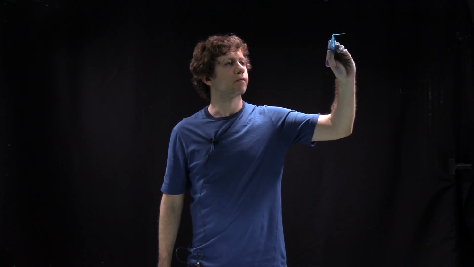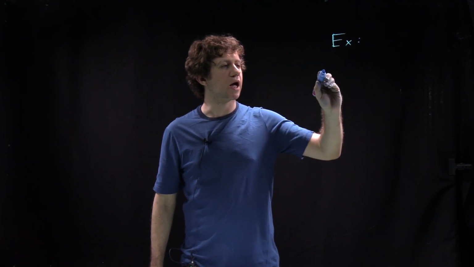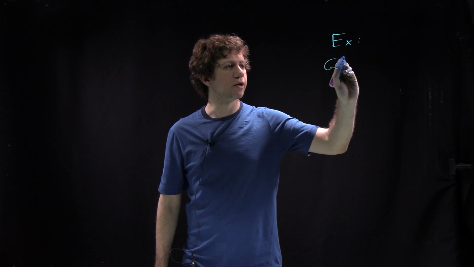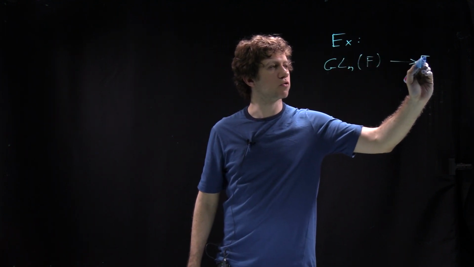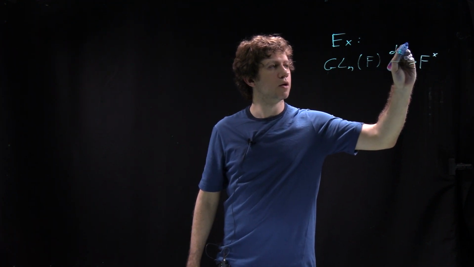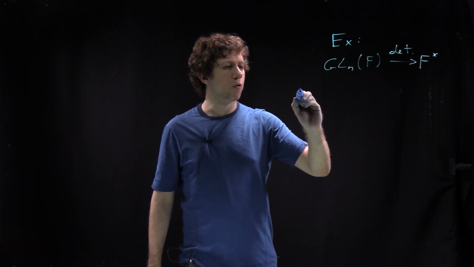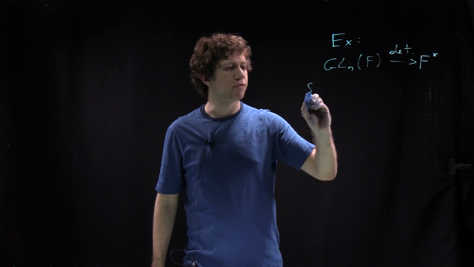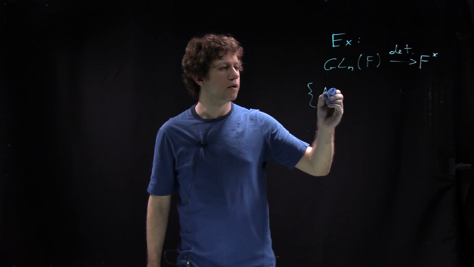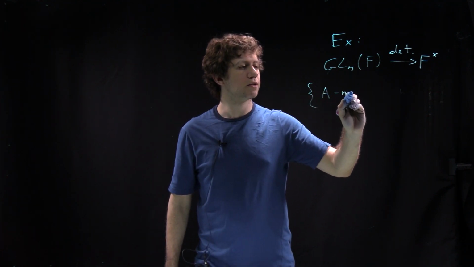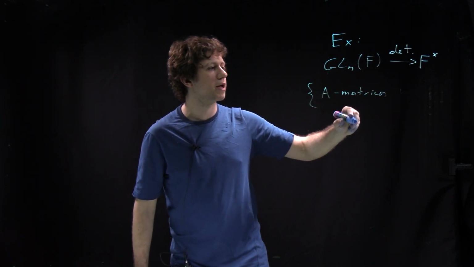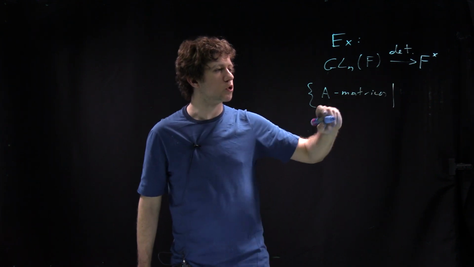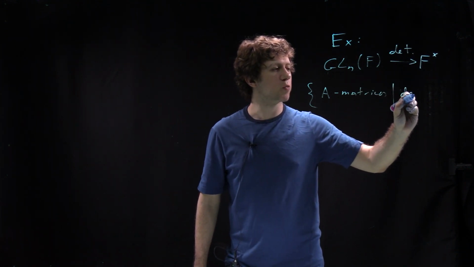Okay, so for instance, we can look at our group GLn of F, and we have this homomorphism to F cross, which is the determinant. And so now we can look at matrices A, and we want matrices which are invertible and with determinant equal to 1, so such that determinant of A equals 1.